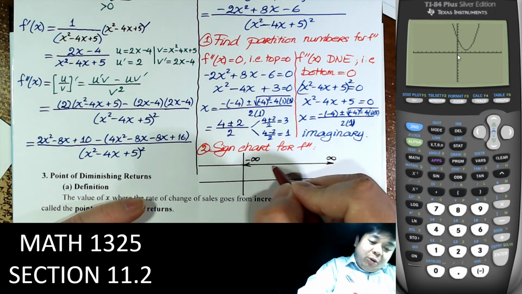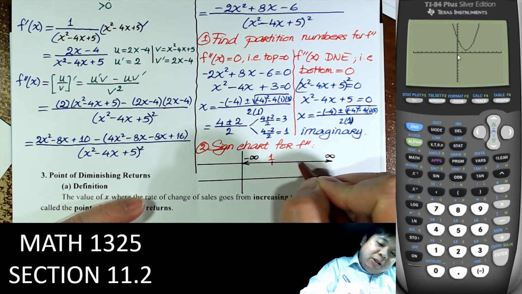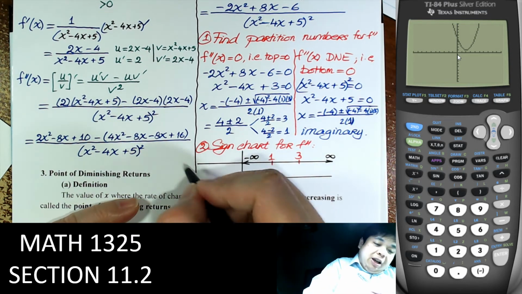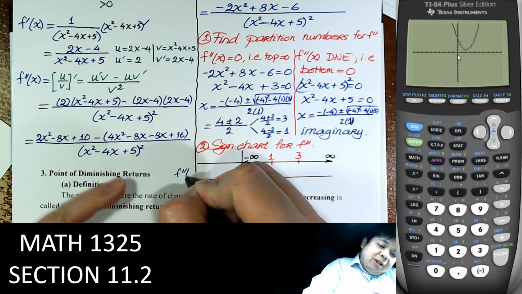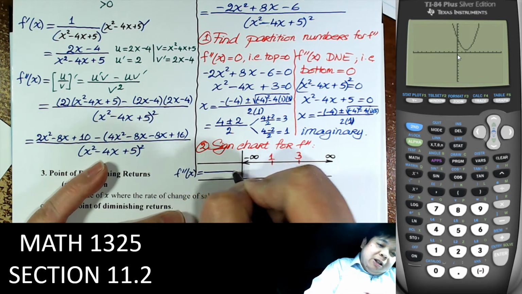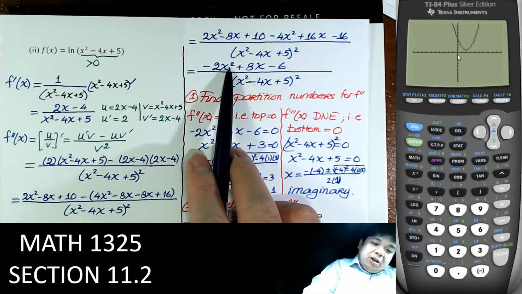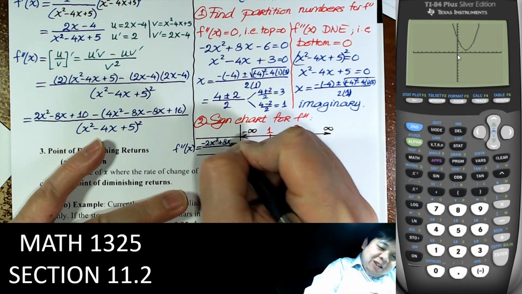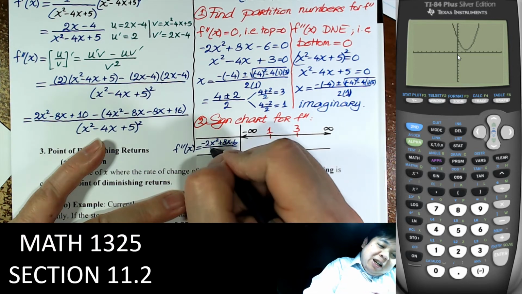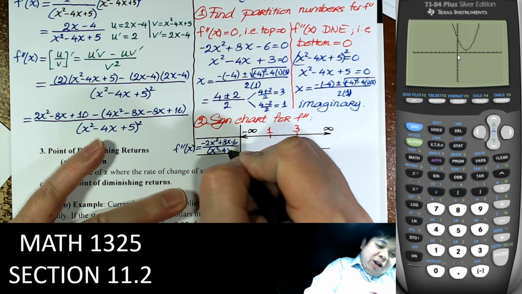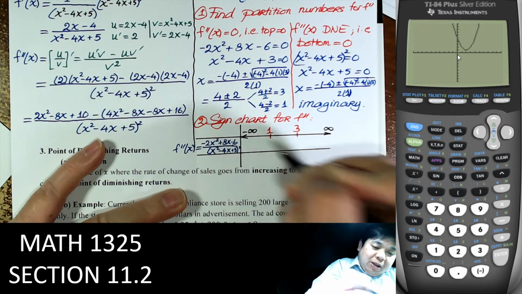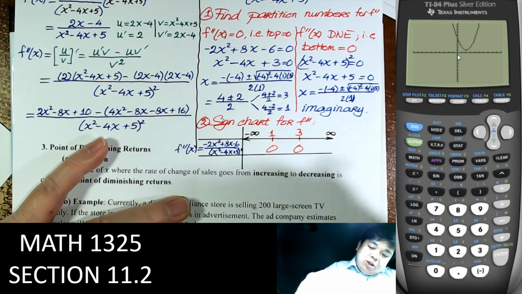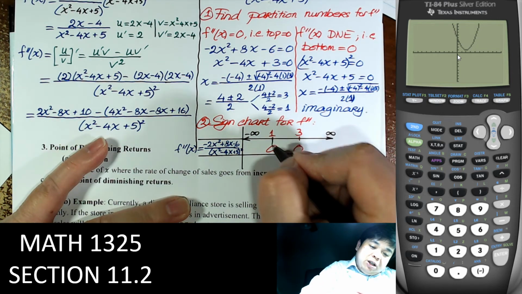Right, we have 1 and 3 as partition numbers, and the second derivative is, remember that, negative 2x squared plus 8x minus 6 divided by x squared minus 4x plus 5 squared. Right, when x equal to 1 or 3, the second derivative equal to 0.